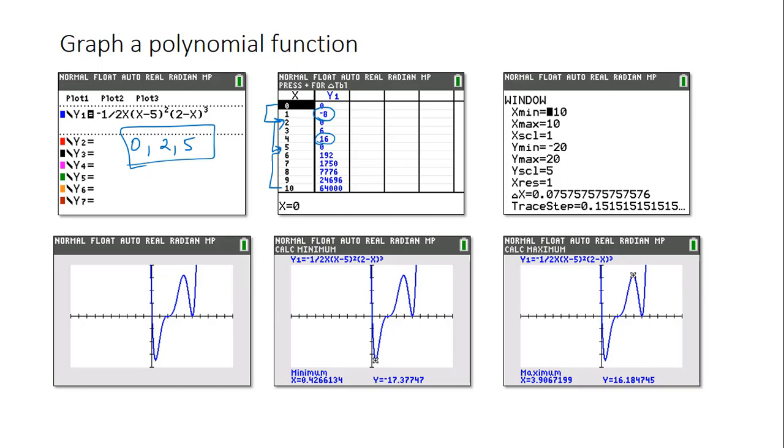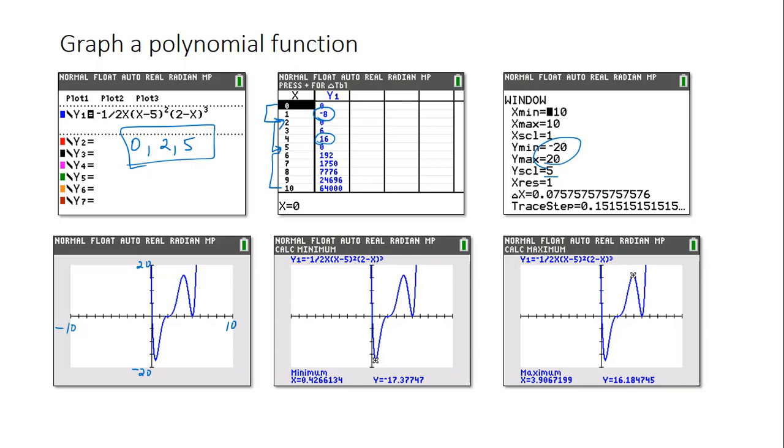My x-min and x-max of -10 and 10 are fine because 0, 2, and 5 are included between -10 and 10. So I chose a y-min and y-max of -20 and 20 and a y-scale of 5. And so we see that here now on the graph. My window is from -10 to 10 in the x direction and -20 to 20 in the y direction.